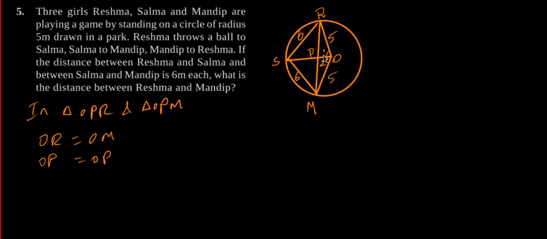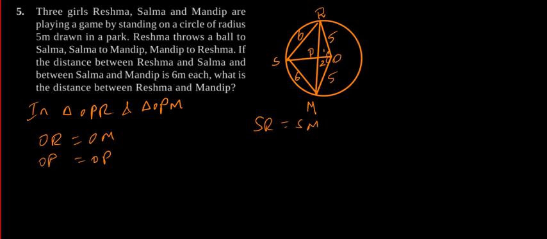And if we consider the chords SR and SM, they make equal angles. Equal chords make equal angles at the center.